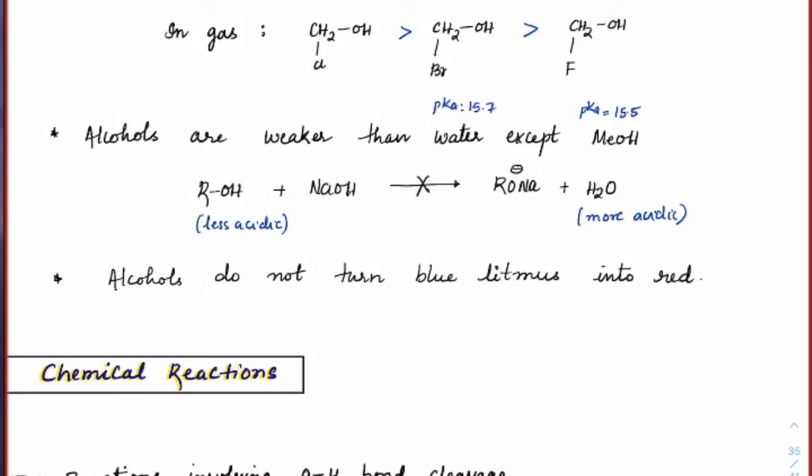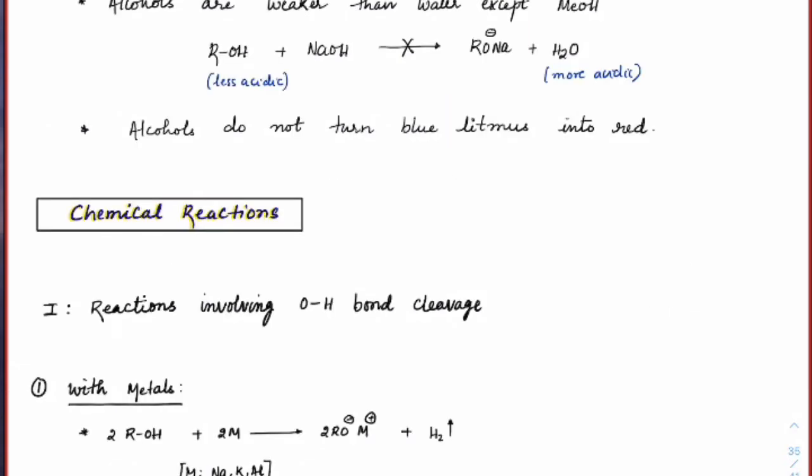Just make a note of that. Alcohols in NaOH do not usually give alkoxides. Another property of alcohols is that they do not turn blue litmus into red. Give one more reading in NCERT, that should be sufficient in terms of physical properties.